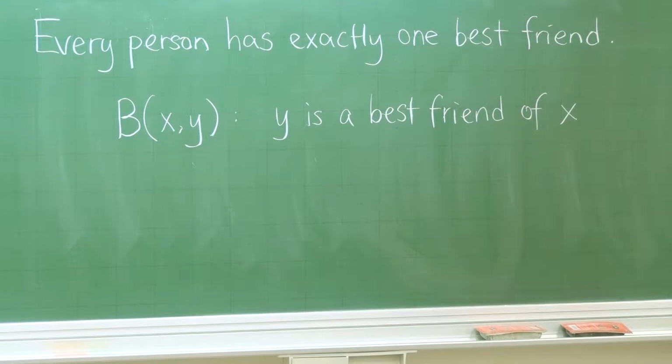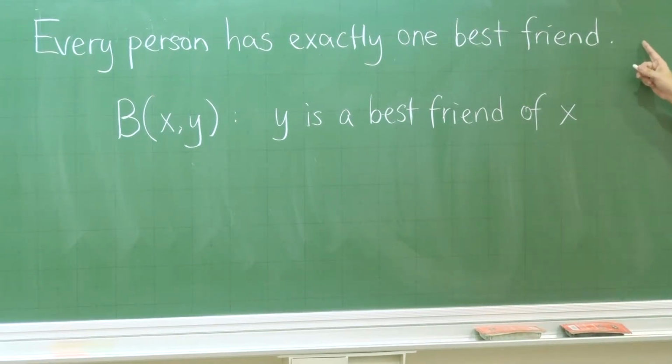So in this sense, it could be possible that one person may have two best friends, or three best friends, or four best friends, right? So for instance, B(John, Mary) says that Mary is the best friend of John. But you can also say B(John, Peter). Then in that case, Peter is also a best friend of John. Okay.